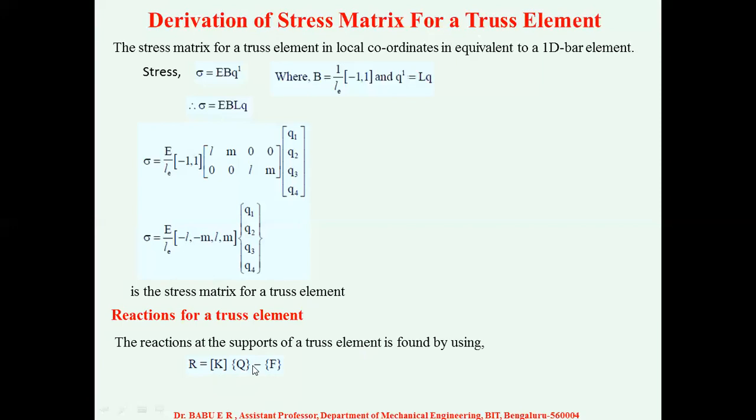We have to expand the corresponding rows and columns in the equilibrium equation, and we'll get the reactions. So in order to solve this problem, you should remember all the above matrices: the stiffness matrix, stress matrix, transformation matrix, and the reaction.